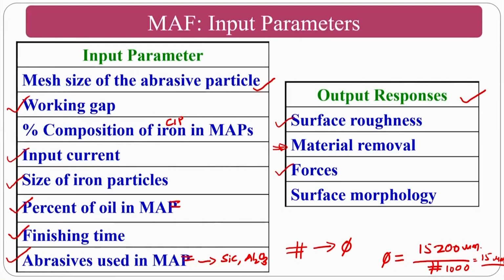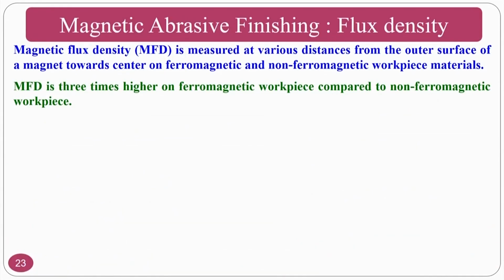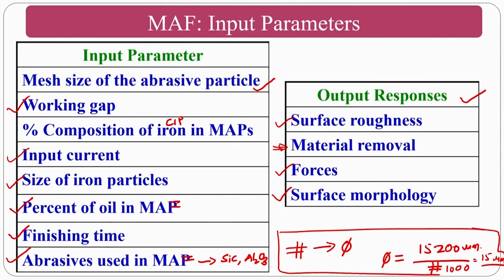So, if you can control the interaction forces between abrasive particles and the workpiece surface, it is always good. Surface morphology: many times people think surface morphology and surface roughness are similar or integrated. It is true that both are integral parts of each other, but for the same surface roughness you may get different surface morphology.